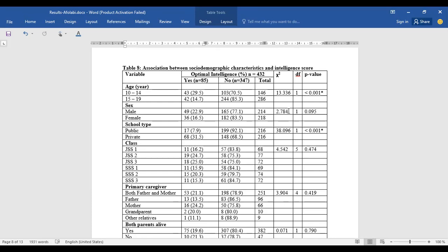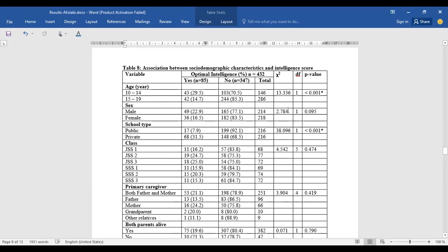But you just put in bracket 29.5%. You are telling us that 29.5% of them have optimal intelligence, as opposed to 40.7% of the age group 15 to 19. So it is obvious that age group 10 to 14 are more likely to be intelligent.